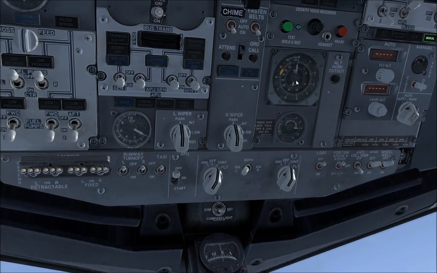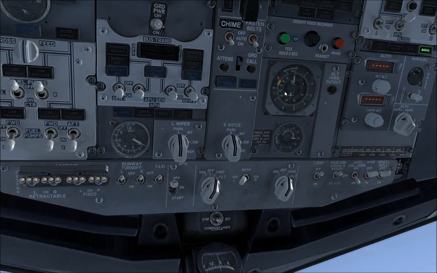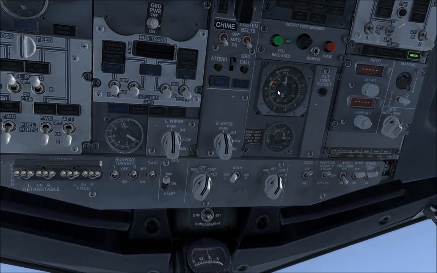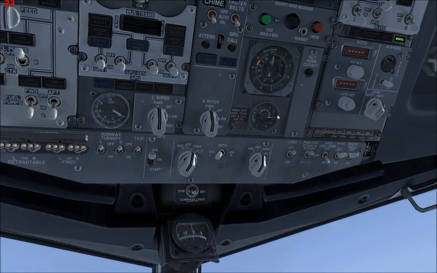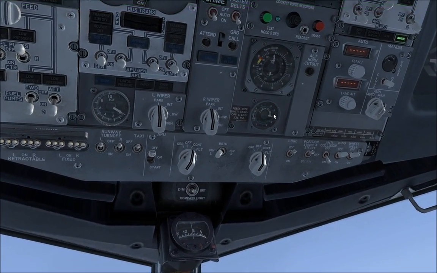As you can see now, the cabin altitude is once again dropping from the values above to below 20,000 feet, and is still descending, so this is good.